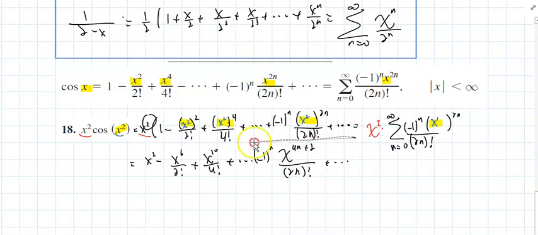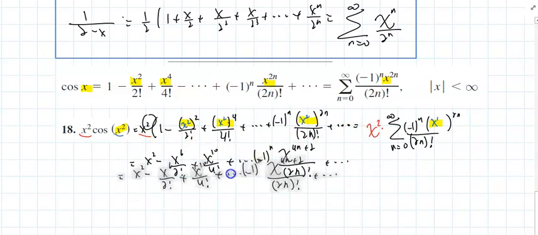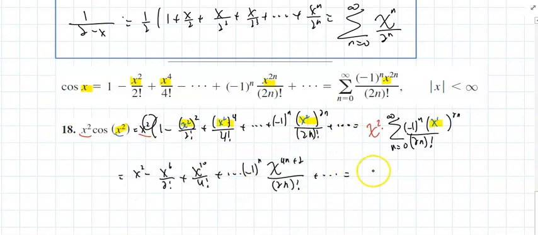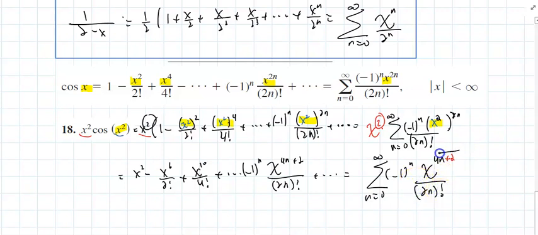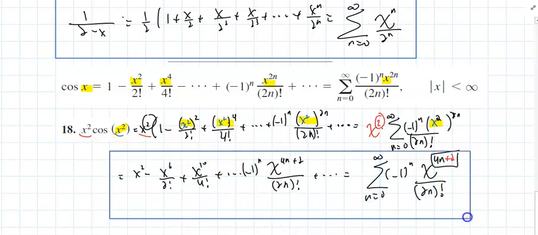And that would be the series n equals 0 to infinity, negative 1 to the n, x to the 4n plus 2 over 2n factorial. If I can make that x to the n, I should, in this case, it doesn't work that way.